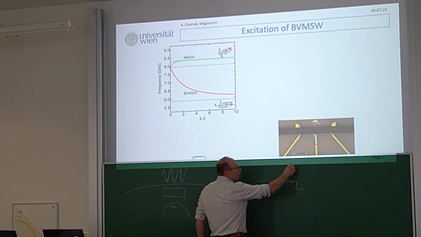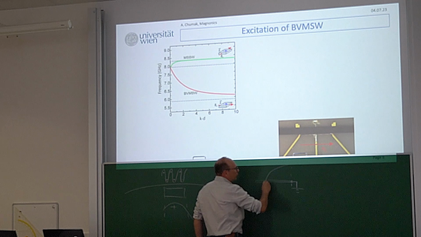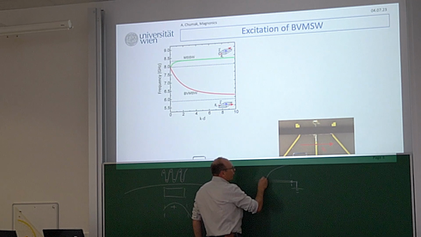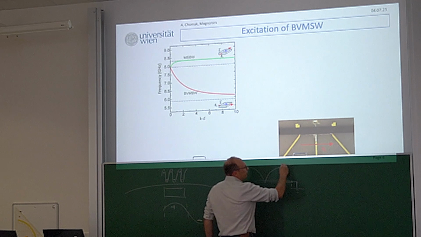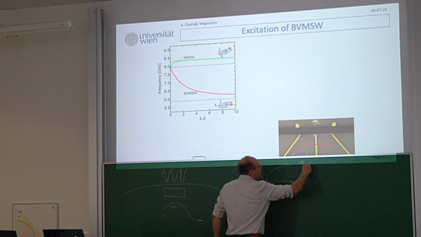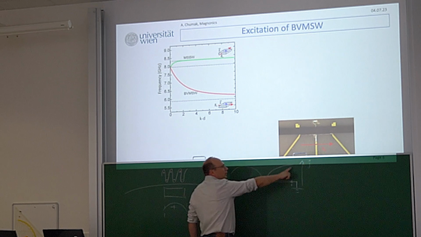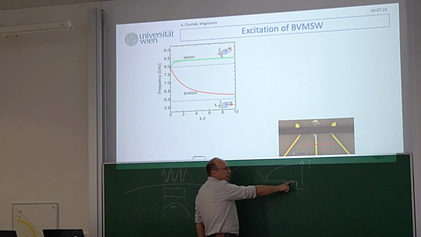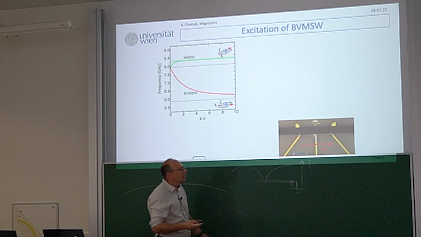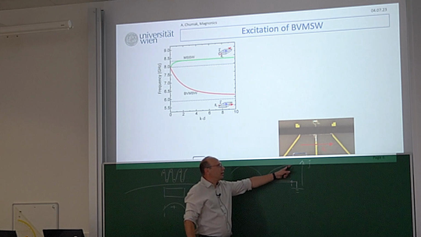then you will have a maximum of current. So if this is the density of current, you will have the maximal density of current at the place of the shortcut, which means the field will be largest.